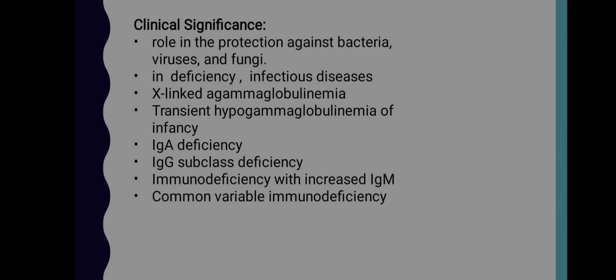Clinical significance. The role of immunoglobulins is protection against bacteria, viruses, and fungi, and there are deficiencies in infectious diseases, such as X-linked hypogammaglobulinemia and IgM deficiency. These are the diseases which are very common in deficiency of immunoglobulin.